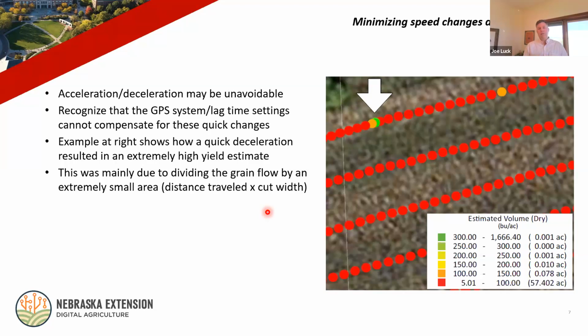So you can even see in this example here on the right, as the machine was moving along from east to west here, you can see the gap between those points. Well, they had to stop suddenly or slow down suddenly, and then they take off again. And you can see the yield estimate actually was able to isolate this one point, where it estimated 1,600 bushels per acre for that one point.